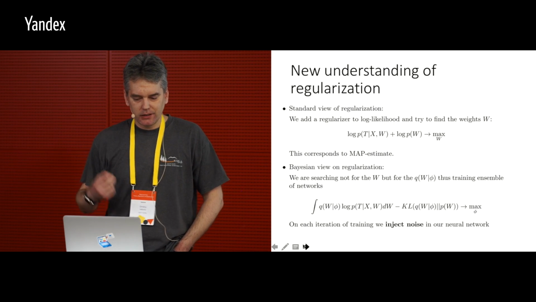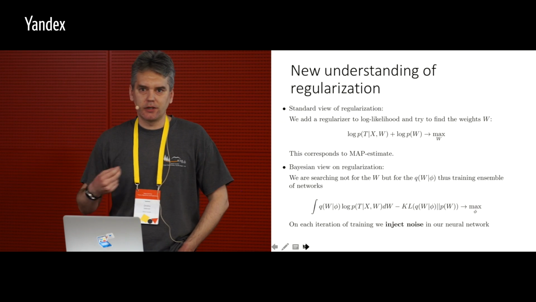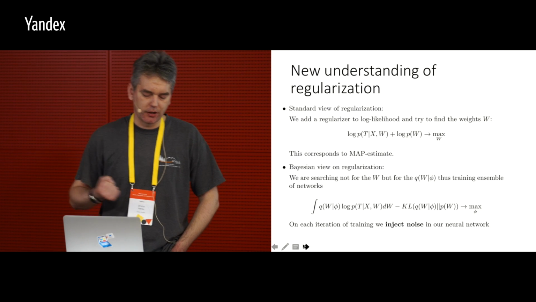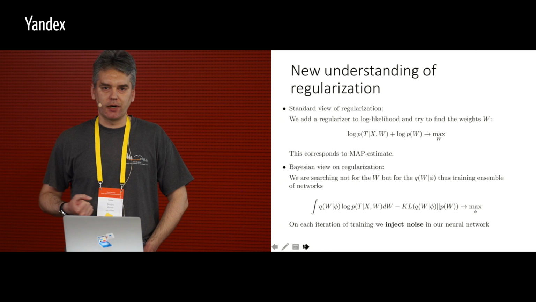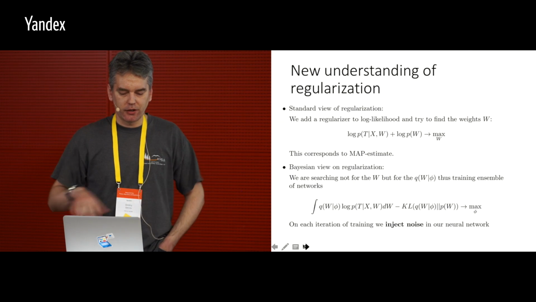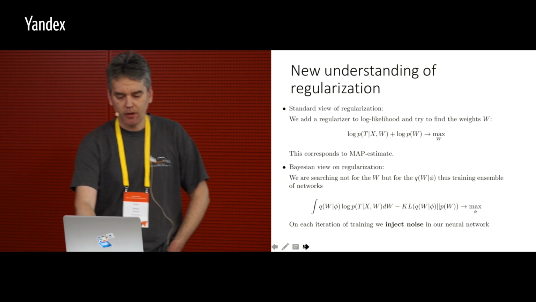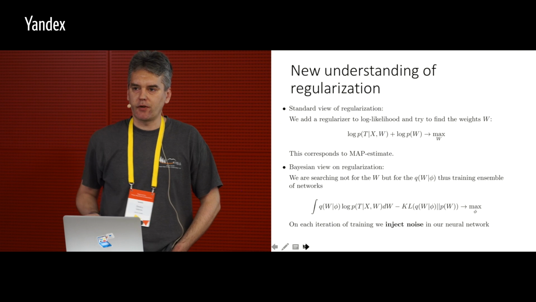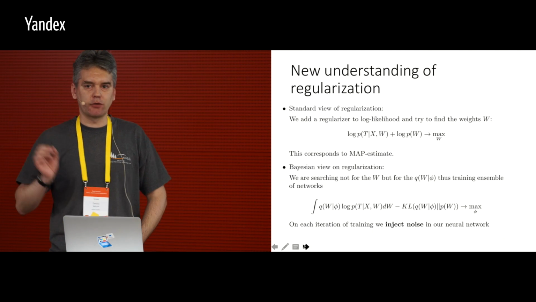And looking at this ELBO, we may think about a new understanding of what regularization really is. The classical understanding of regularization is simply adding some additional term to our criterion and optimizing this regularized criterion with respect to W. But when we talk about variational Bayesian inference, instead of optimizing some regularized criterion with respect to W, we optimize with respect to phi.